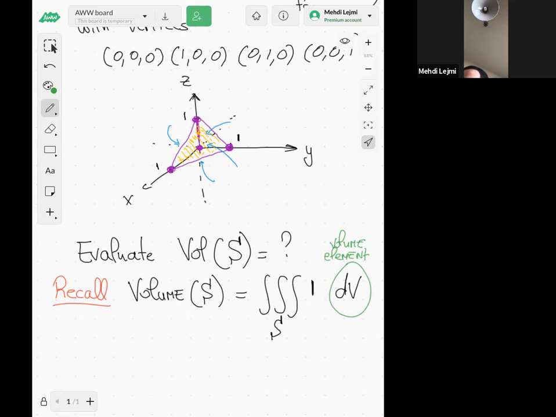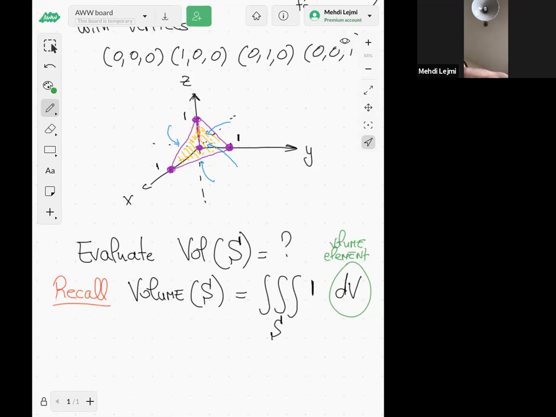I think I have 2 or 3 examples here, exercises. So I'm gonna give you a couple of minutes to think about how we can find the bounds in this case, and then I will solve the problem. The idea would be to first find the equation of the faces, right?